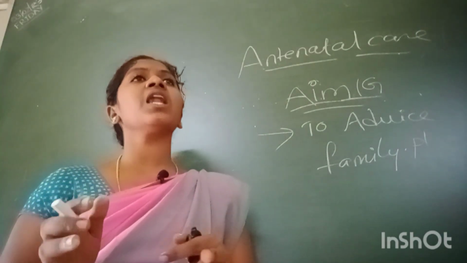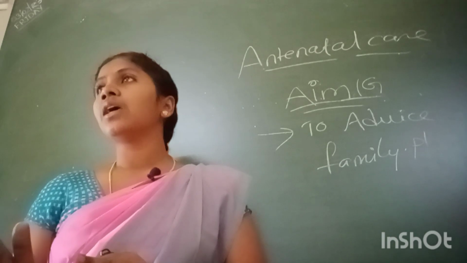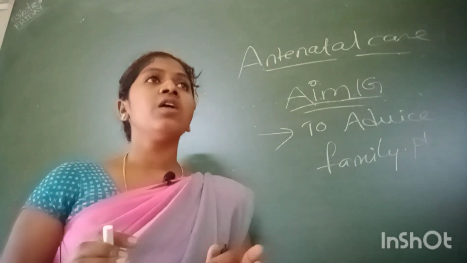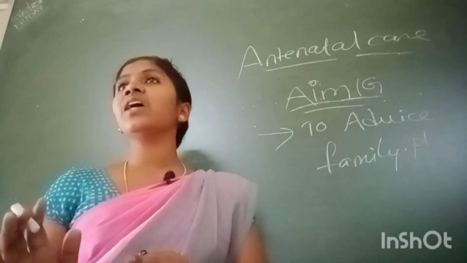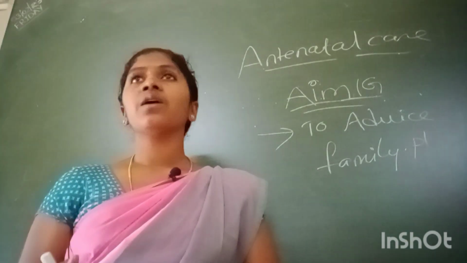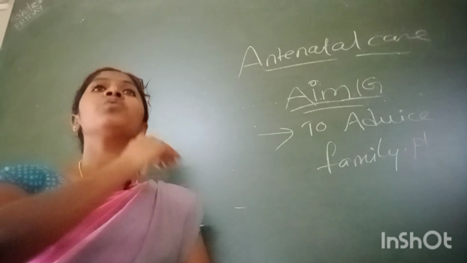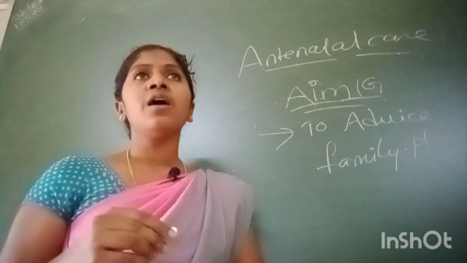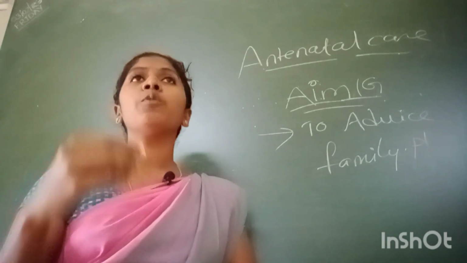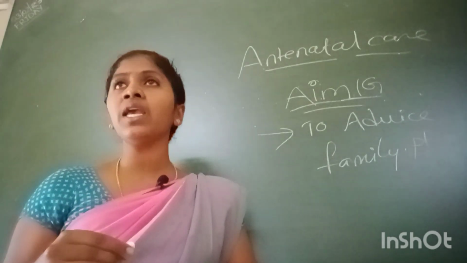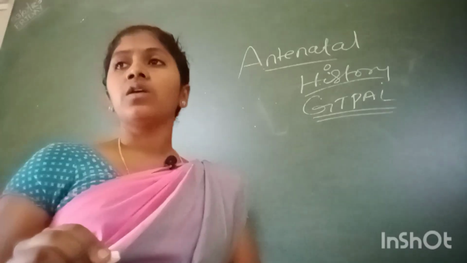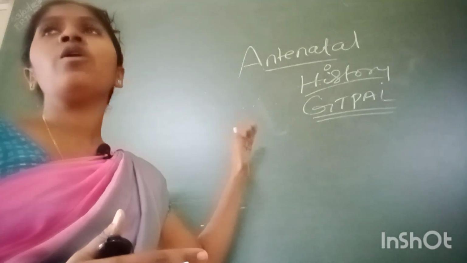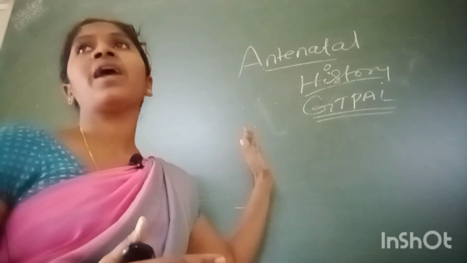According to the WHO, we should maintain a 2 to 3 year gap between baby and baby. To reach that, we can educate both parents about family planning. So we came to know about mother's pregnancy, right?